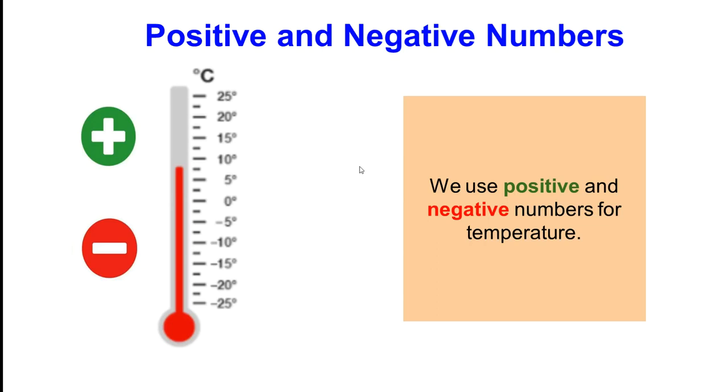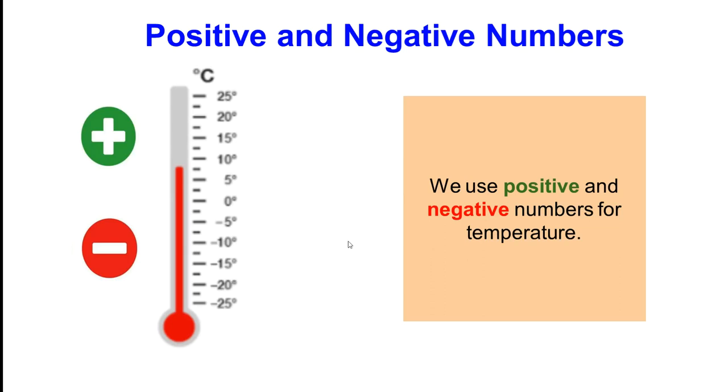When do we use positive and negative numbers? Well, positive and negative numbers are mostly used when we're telling the temperature. So we can check the thermometer here. And here you see my 0. All the numbers bigger than 0 are my positive numbers, and the ones below are negative. -5 degrees, -10 degrees, -15 degrees Celsius.